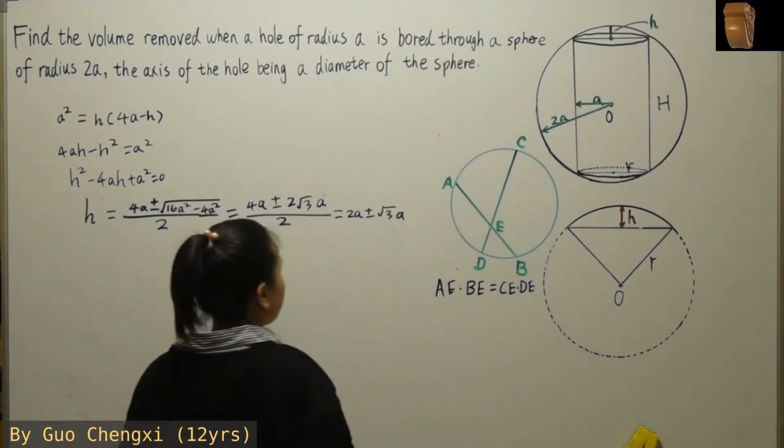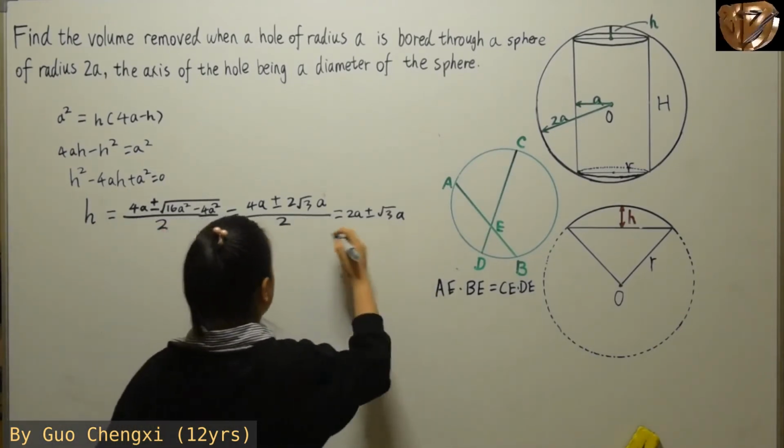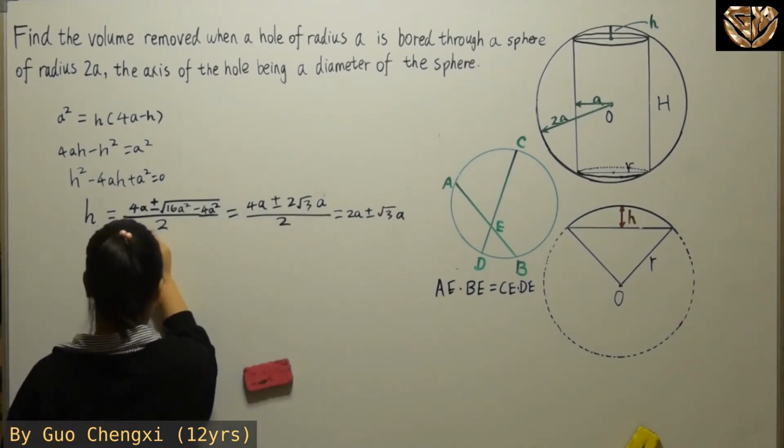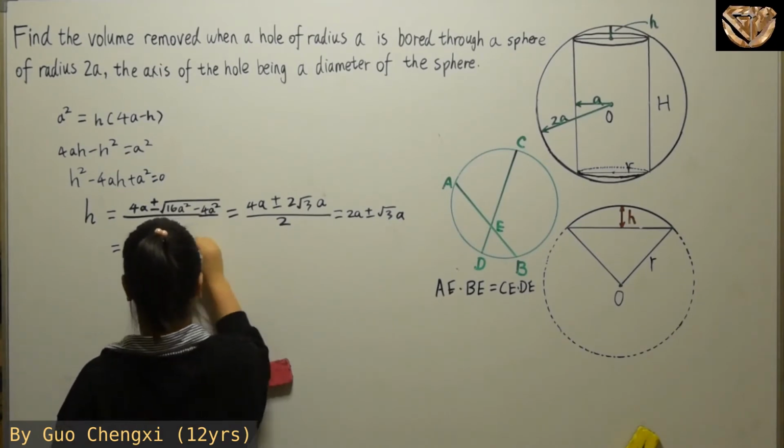Or else how are you supposed to get a radius and all? So over here, our height is most definitely 2 minus square root 3a.